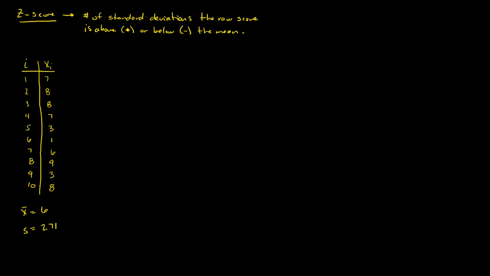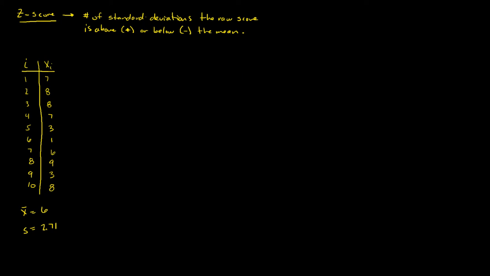So if you need to review how you come up with the mean of 6, or the variance, or even how we get standard deviation, I would suggest you stop now and go back and look at those particular videos.